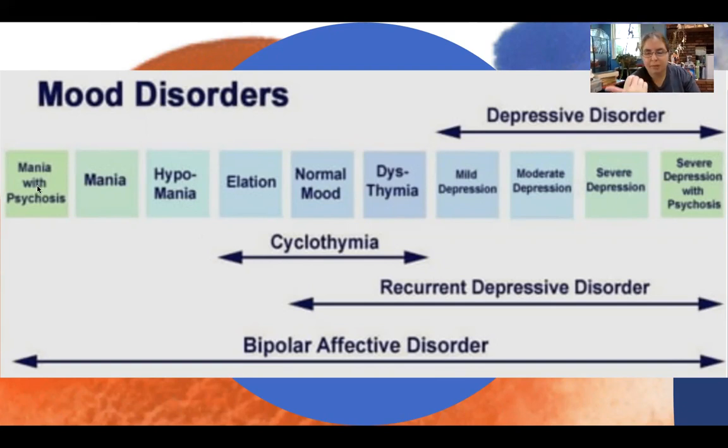And someone with bipolar disorder is going to bounce throughout the entire spectrum. They can go from mania to severe depression at the drop of a dime. It can be a very quick turnaround. And that's why we know that there's something different going on. We have to figure out exactly what's going on in order to find the best course of treatment.